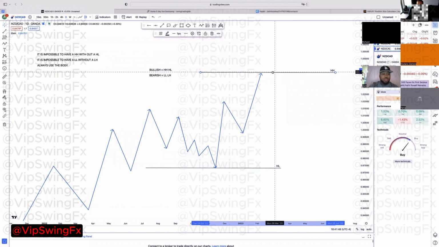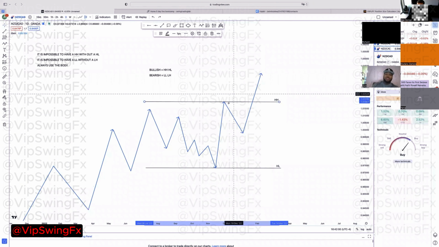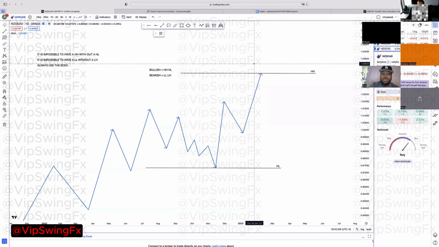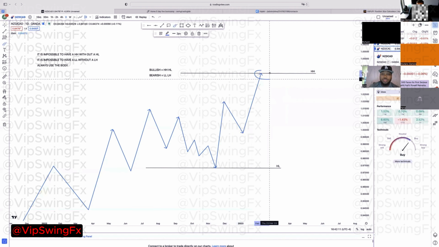So once you adjust the higher high, I have this thing called a snake trick, which helps us find the higher low. The higher high is very easy to point out, right? Because it's clearly the highest high. It's a new point above the other one. But if you're struggling to find the higher low, we're going to use the snake trick. So this is the head of the snake.